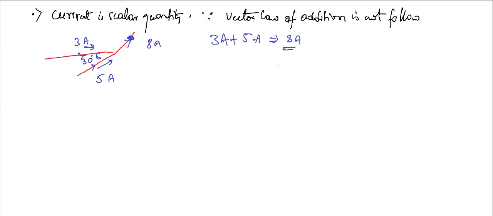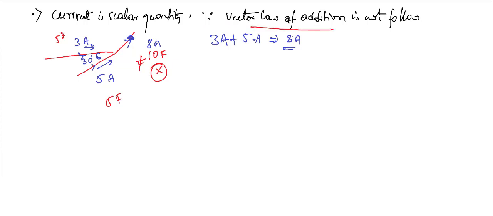8 amps. Similarly, if instead of this I consider 5 newtons of force in this direction and 5 newtons of force in this direction, what should I get? 10 newtons of force. But actually, it is not following that here. So it breaks the rule for the vector law of addition.